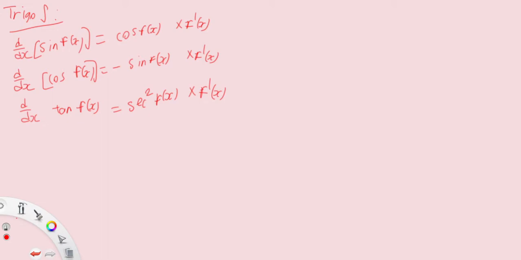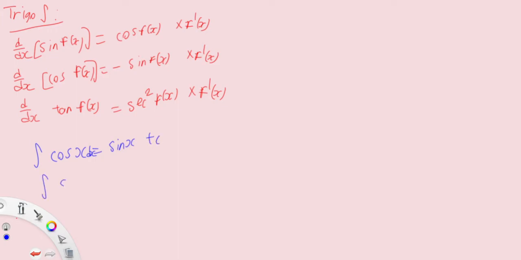So let's look at it from the integral point of view. So we're actually going to look at cosine, sine, and secant squared for the basics. So simply, if we have cosine x, we will get back sine x plus c. Again, plus c stays the same.